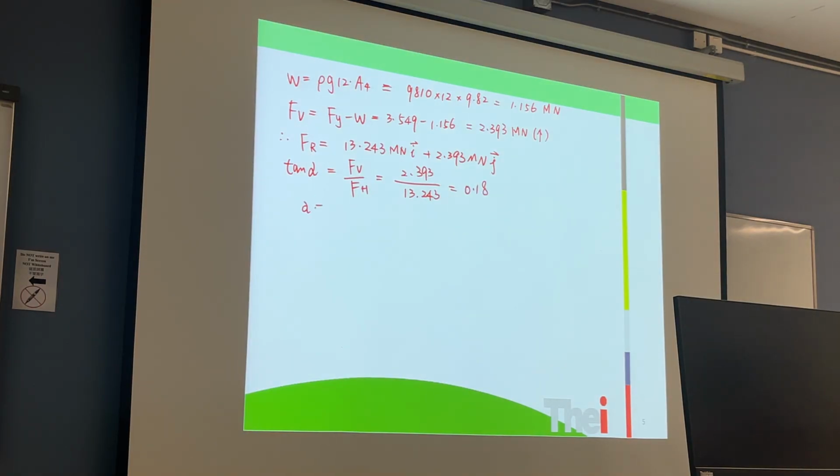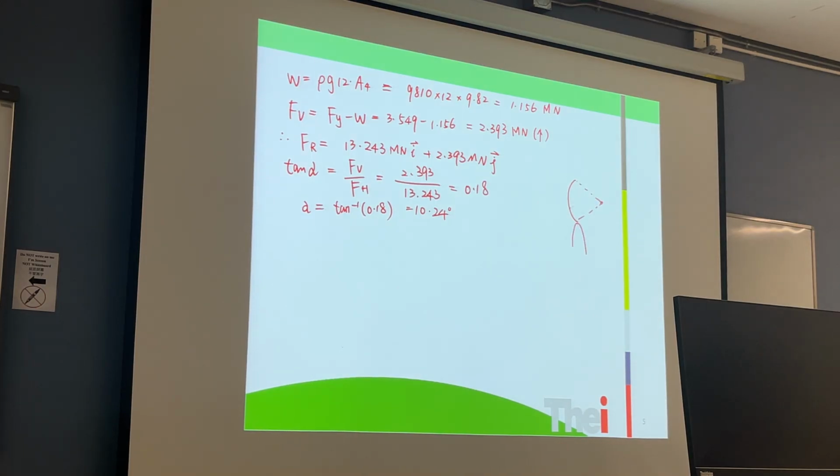So alpha is calculated to be the arctangent of 0.18, which is 10.24 degrees.